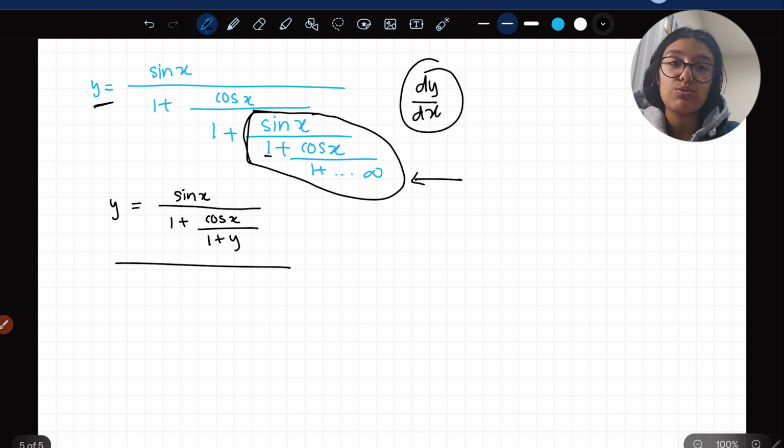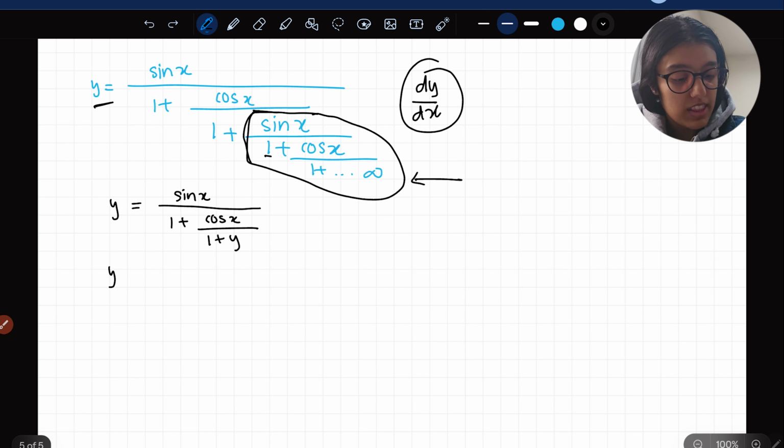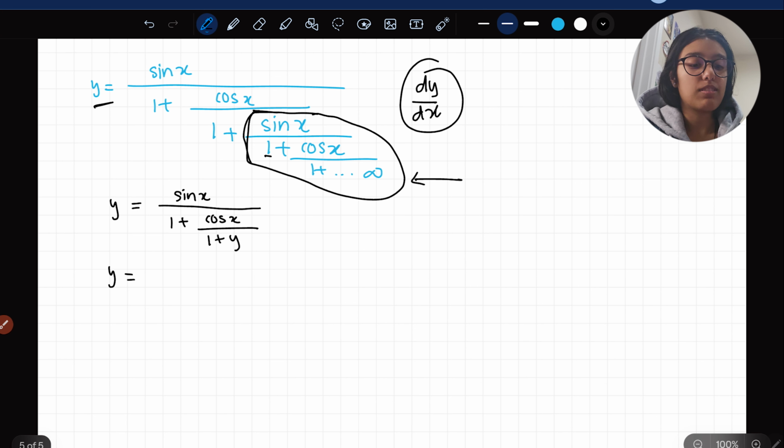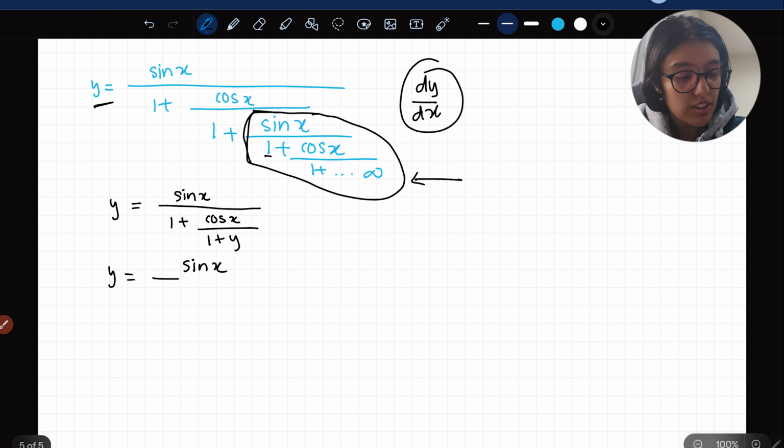Now, I do not want to take the derivative of that, so we're going to start simplifying and then take the derivative. So let's simplify the denominator since that looks a little bit hard to solve. So we have sine x over 1 plus y plus cos x over 1 plus y. This denominator goes to the top.